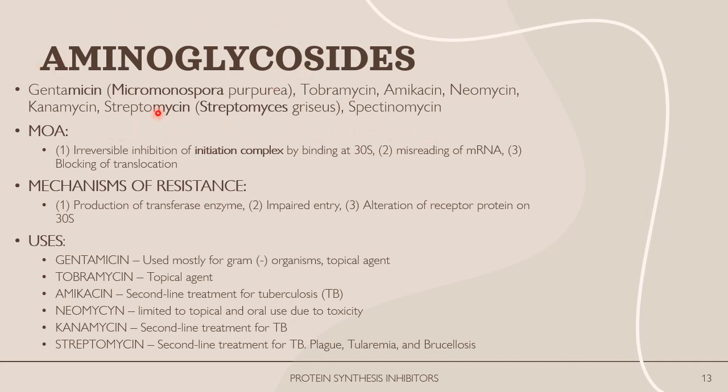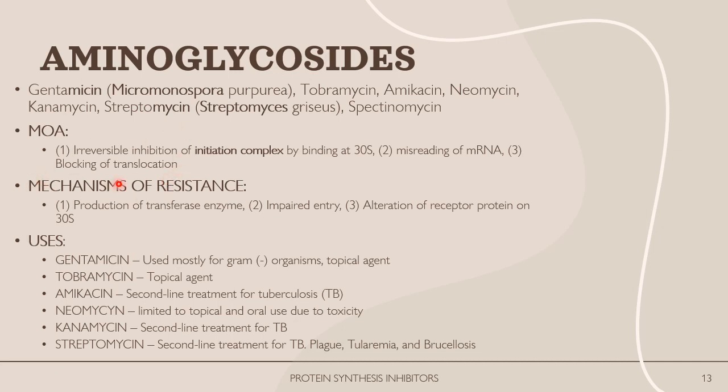Your aminoglycoside, along with tetracycline, binds on the 30S ribosomal subunit of the bacteria. Specifically, your aminoglycoside irreversibly inhibits the formation of the initiation complex. Okay, so don't forget this one. It also causes misreading of mRNA and it can block translocation.